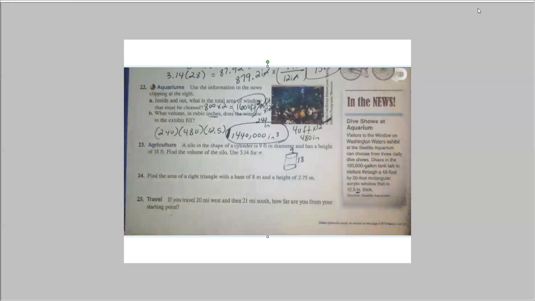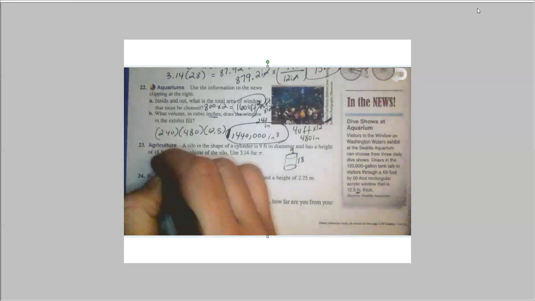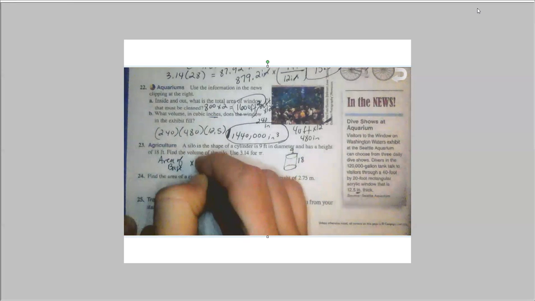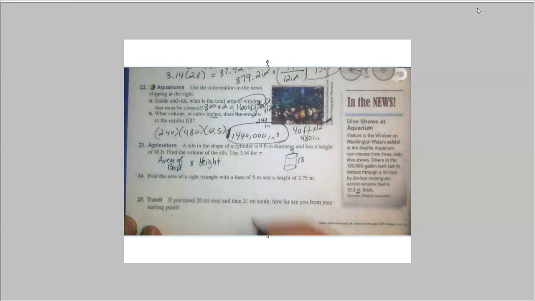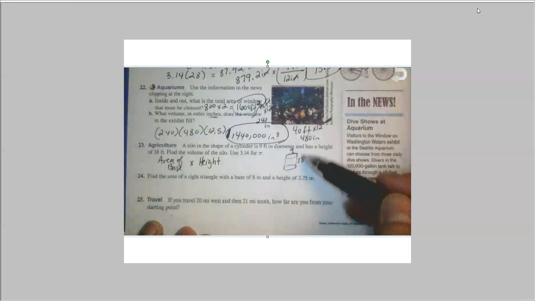Okay, so in this shape, the cylinder, to calculate the volume of it, you're going to have to find the area of the base and multiply that times the height of that shape. Okay, it's not a neat little formula like the others that we've looked at. Okay, notice the bases of this cylinder are circles. I've got to find the area of a circle, that's the base, and multiply it times the height.